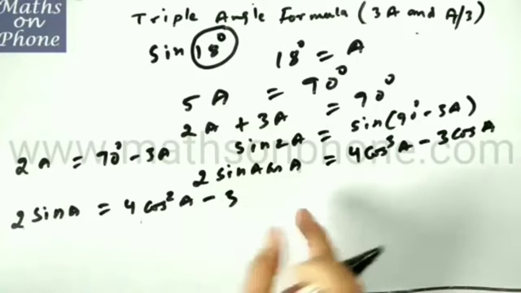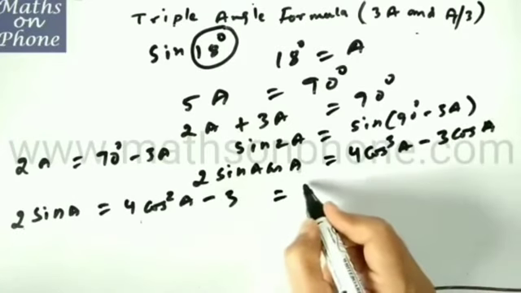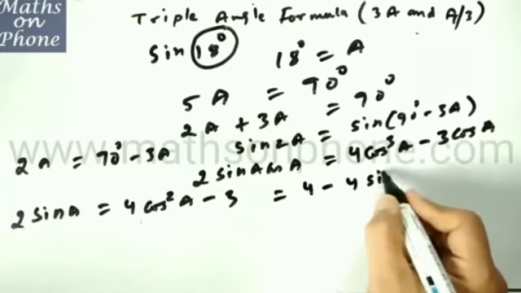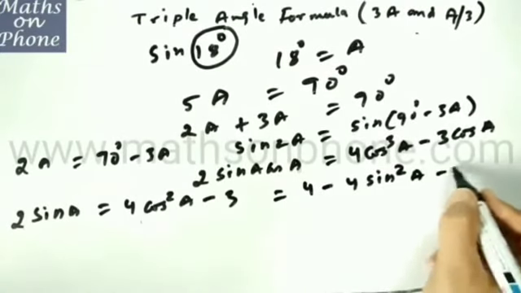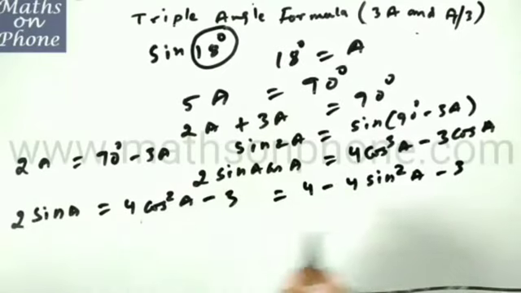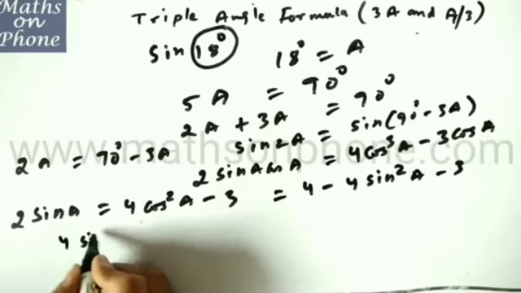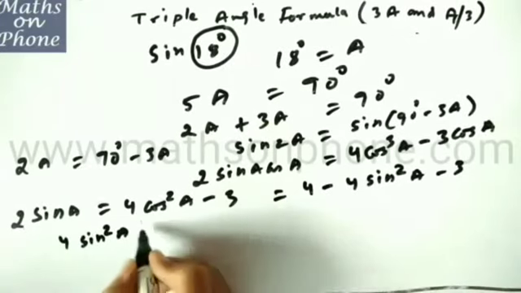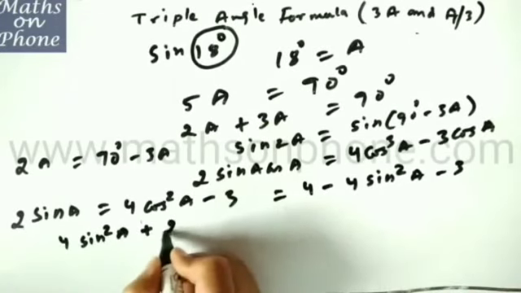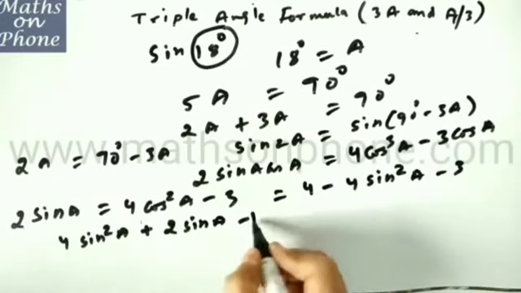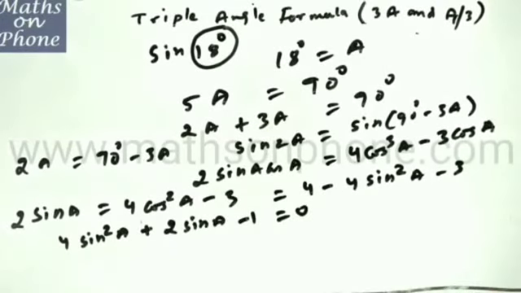So, if I just write cos square as 1 minus sine square, this will be 4 minus 4 sine square A minus 3. So, on solving, it will come out to be 4 sine square A plus 2 sine A minus 1 is equal to 0.